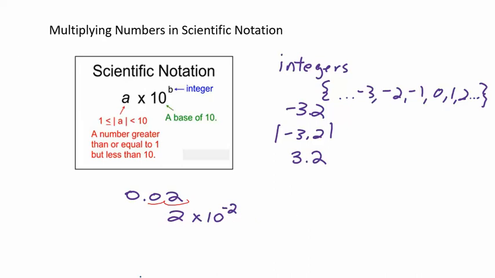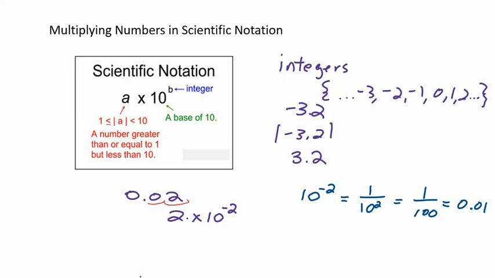Well, let's explore that a little bit further. I have some videos on scientific notation that go more in depth on what scientific notation means, so we'll just review it quickly here. So 10 to the negative 2 means 1 over 10 to the second, or 1/100th, which as a decimal is like that, 1/100th.